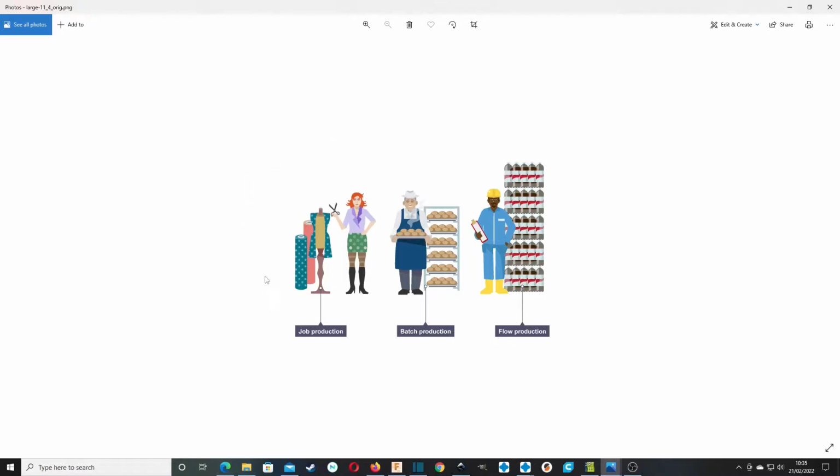So, Ms. Taylor makes custom items, one-off jobs. That's her job. Mr. Baker makes batches of between about 50 to 200 of an item every time he makes a batch. Then he goes and makes another batch of something completely different. So they're using a baker as an example. So it'd be like making bread in the morning, donuts in the afternoon, sausage rolls in the evening, whatever.